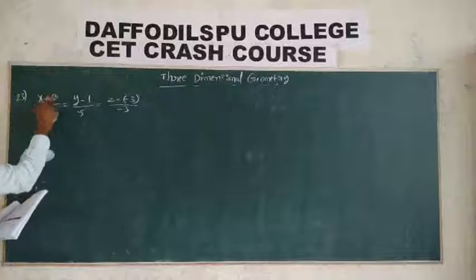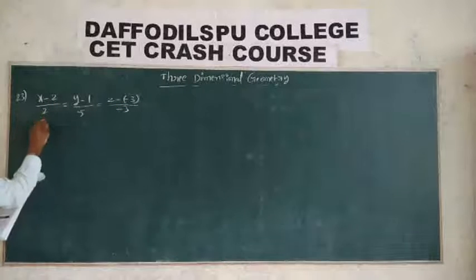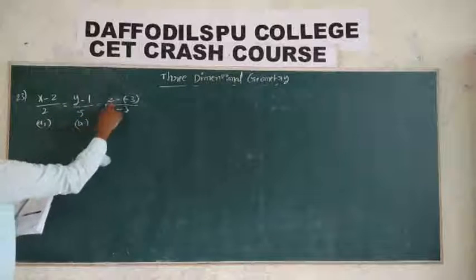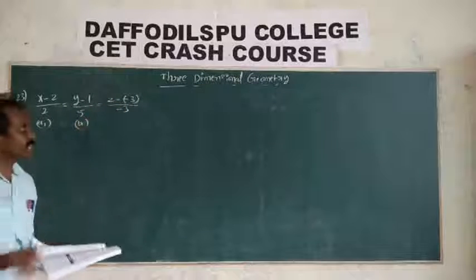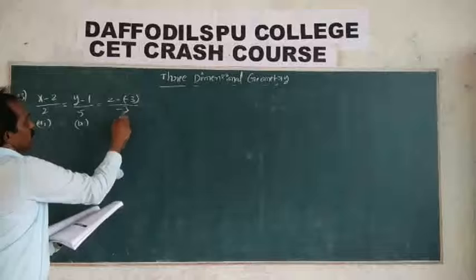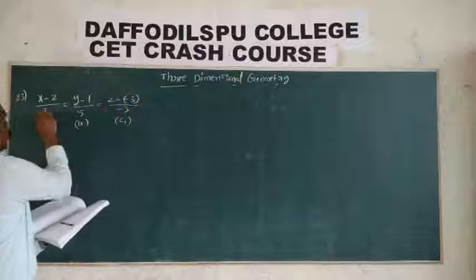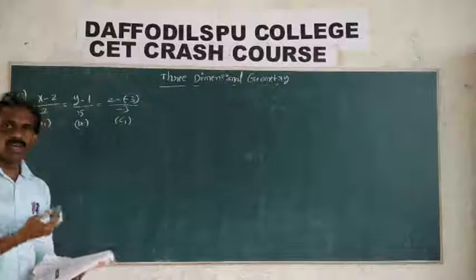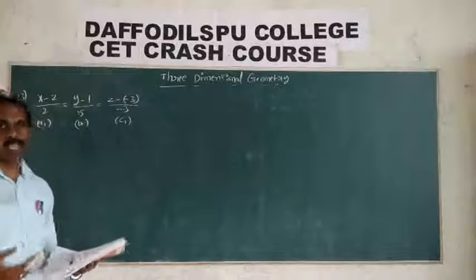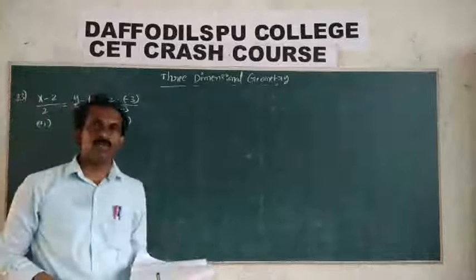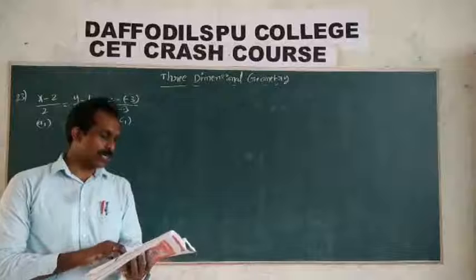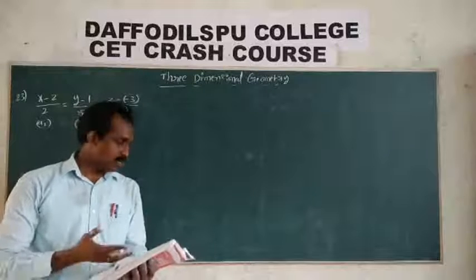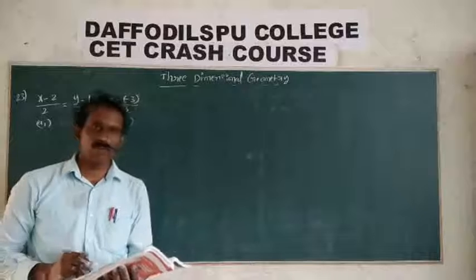Okay, x minus x1 by a1, this is a1. Y minus y1 by, this is b1. Z plus 3 is given, so that can be written as z minus of minus 3. This is c1. A1, B1, C1. Like that, second line, A2, B2, C2. Use the formula as it is like the above problem. Cos theta is equal to a1 a2 plus b1 b2 plus c1 c2 divided by square root of a1 square plus b1 square plus c1 square and so on. Use the formula, you get answer cos inverse of something.